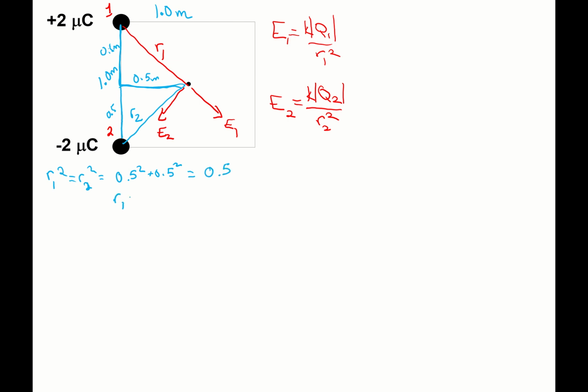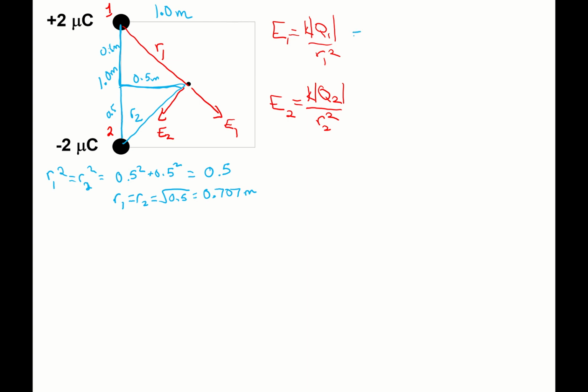So R1 is going to be equal to R2, the square root of 0.5, which is 0.707 meters. So we've got R1, we've got R2, and we've got the charge.